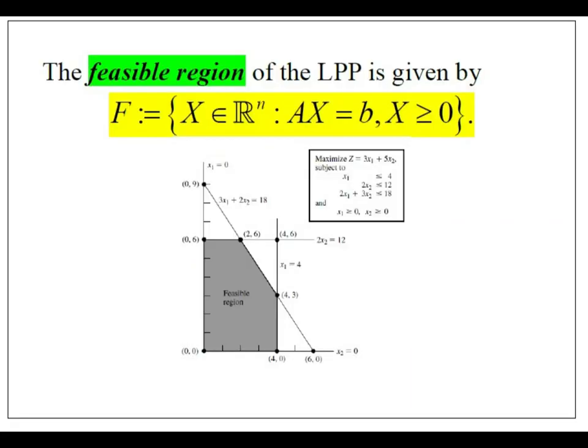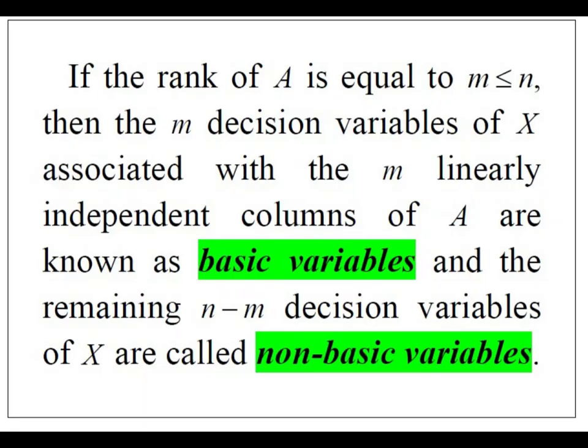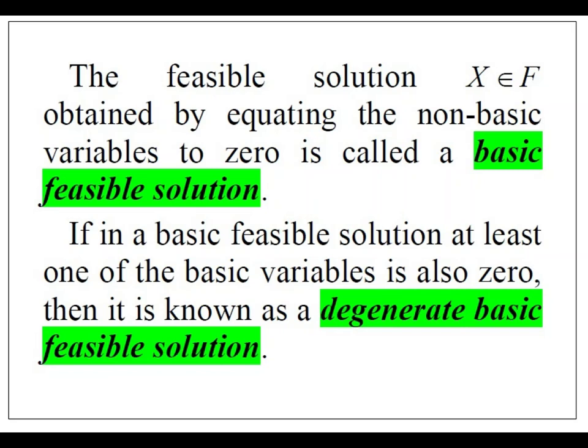The feasible region of the LPP is given by all the vectors in Rn which satisfy the equality constraints and the non-negativity constraints. If the rank of A is equal to m, which is less than or equal to n, then the m decision variables of x associated with the m linearly independent columns of A are known as basic variables, and the remaining n minus m decision variables of x are called non-basic variables.